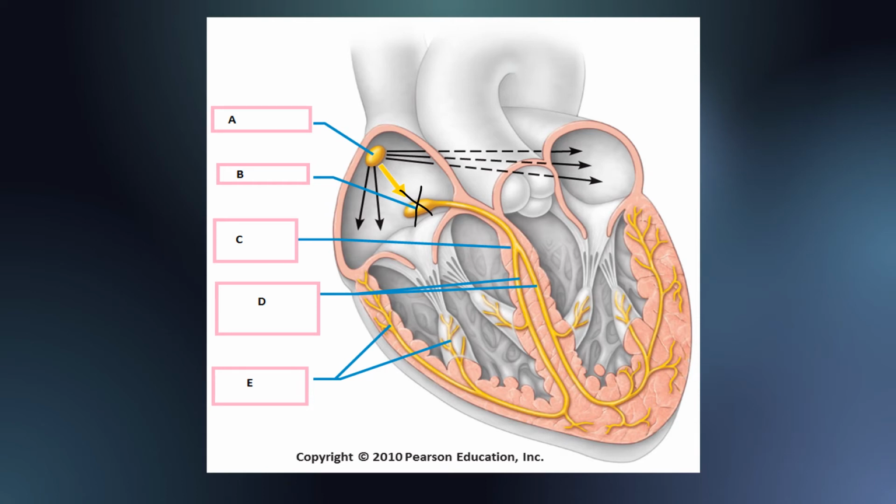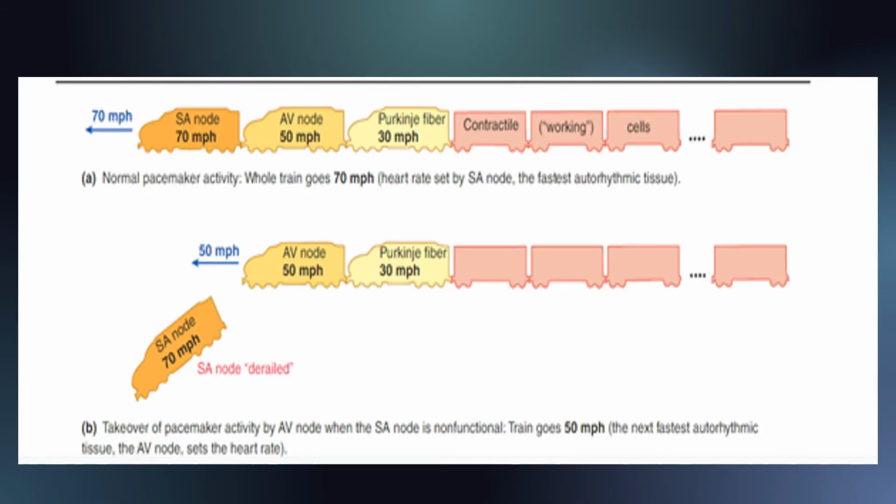But I'll show you an analogy of how this works, like if it was a train. Say you have these cars on this train. Each one of these is an autorhythmic cell, these are contractile working cells. So this is normal pacemaking activity.